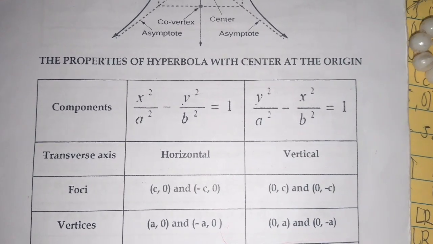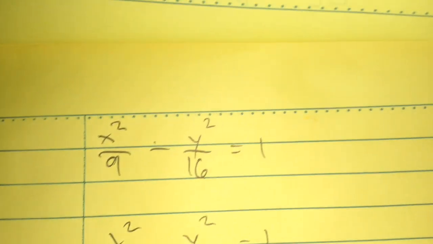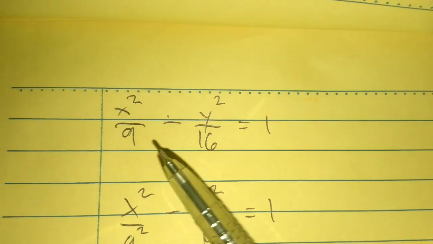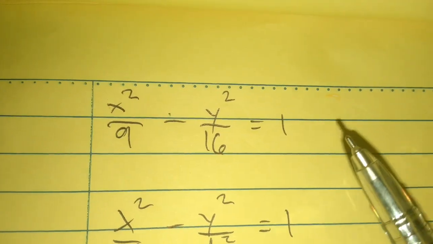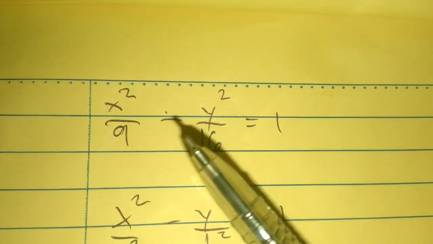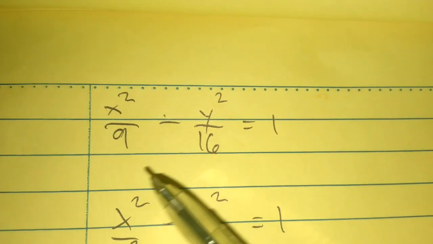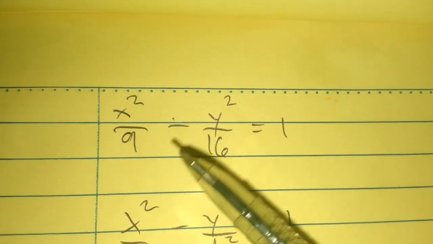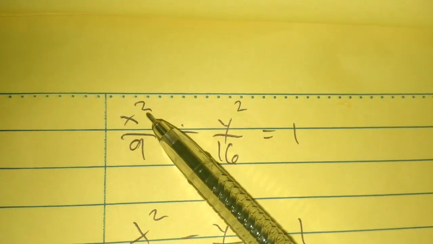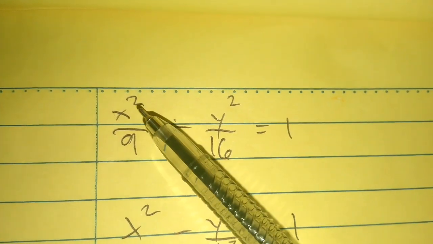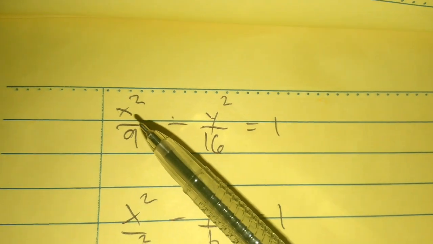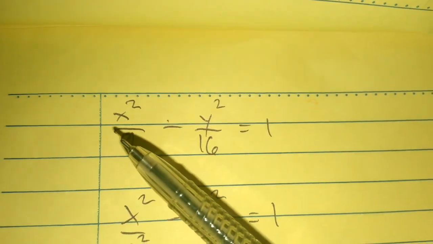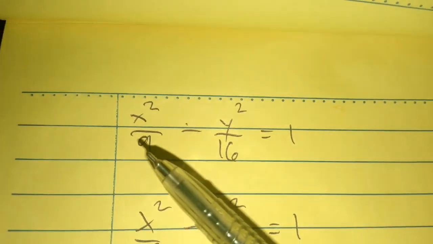So let's begin already with an example. We have x squared over 9 minus y squared over 16 equals 1. Again, in a hyperbola, it doesn't matter which denominator is larger. As you can see, the x is given first, so we can consider the transverse axis of the equation to be horizontal.